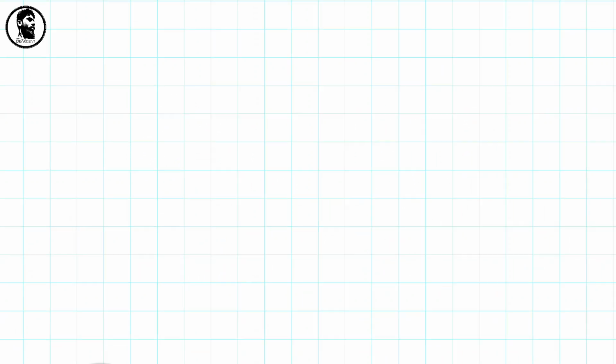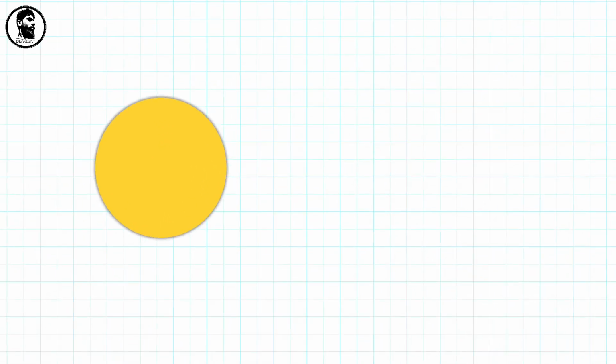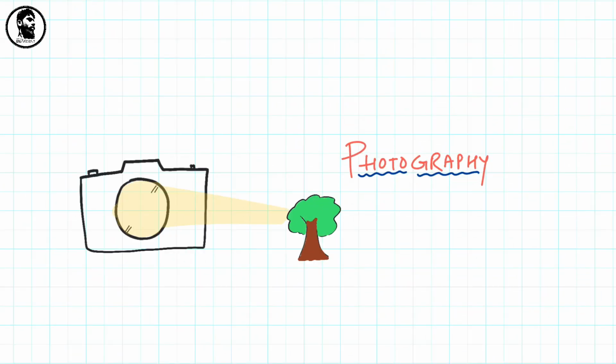Now, before starting, let's talk about the biggest source of light. Yes, that is the sun. This light reaches our earth, especially when we do photography. Consider you are taking a picture of a tree. The light comes from the sun, hits every visible part of the tree, and gets reflected into the camera, and you take a picture of it.